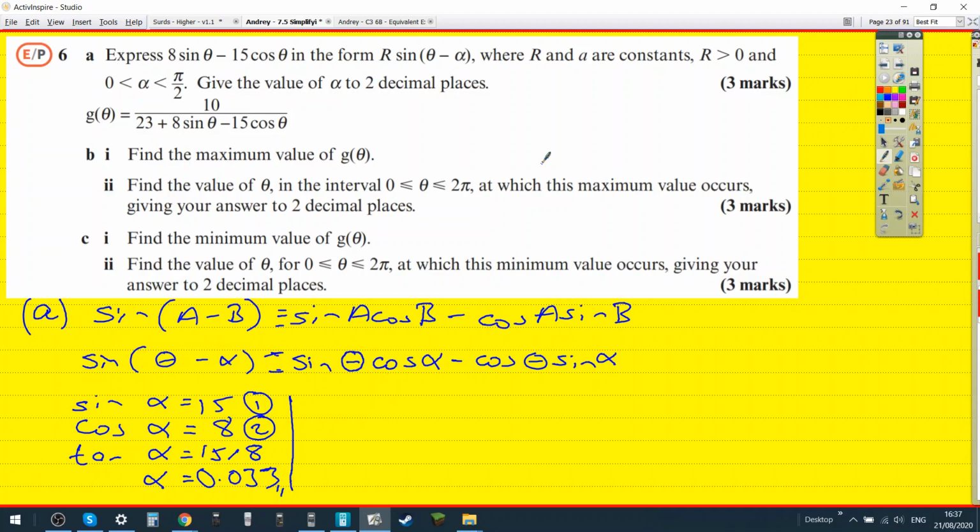So, hmm. So I got... do I just need to add 23?